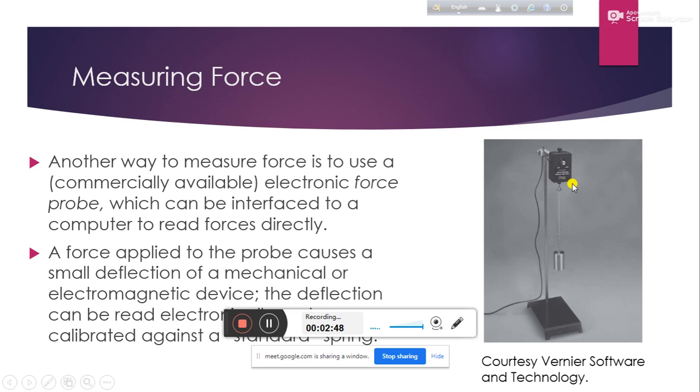Now, how has this machine been built? Basically, in our previous discussion, the extension was converted into force. That's why the calibration was needed. But this time here is an electromagnetic device, typically called a sensor, sometimes a load cell.